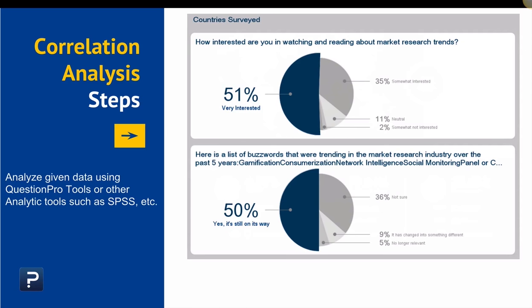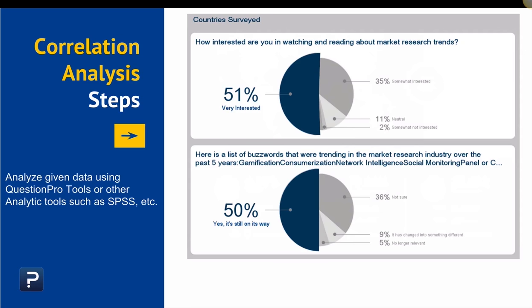And then next is, of course, the list of buzzwords that are trending. We just wanted to see what their attitude was about these things that were mentioned 5 years ago. Are they still coming? What's going on? And so you can see, 50% really still thought that a lot of the technology that we've been talking about over the last 5 years is still on its way.